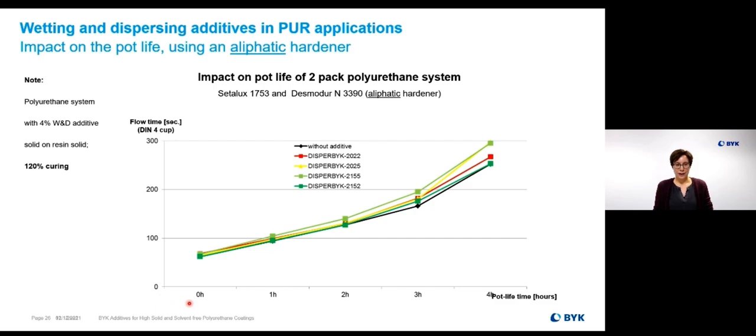And here is the time: initial, after 1 hour, 2 hours, 3 hours, and 4 hours. 4% of wetting and dispersing additive, solid on resin solid, was used, and as mentioned before, 120% curing. And now we see that with the different wetting and dispersing additives, the increase of pot life was more or less the same.